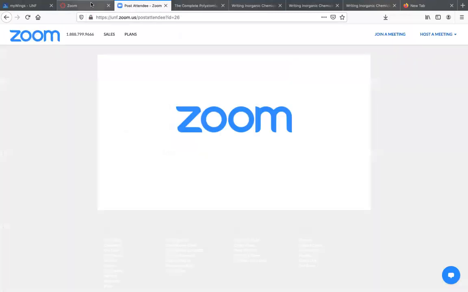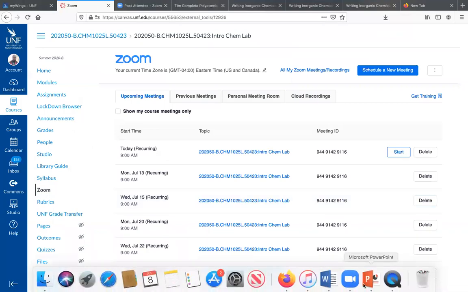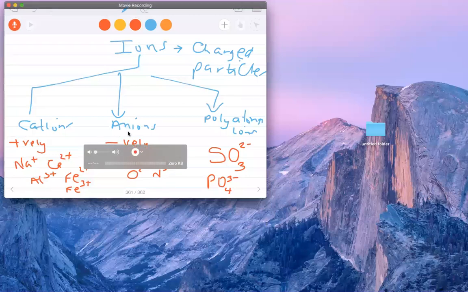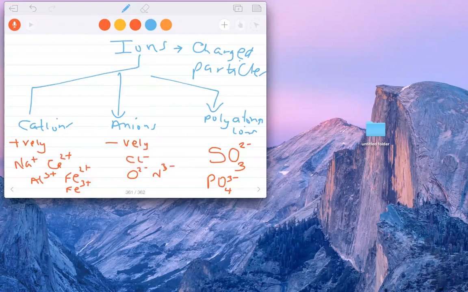But for these two right here, how do we keep track of the ionic charge?